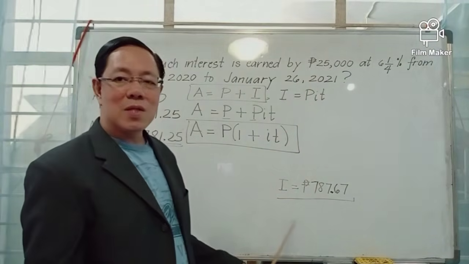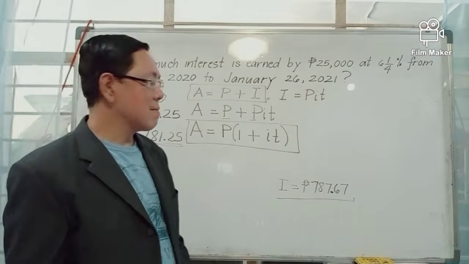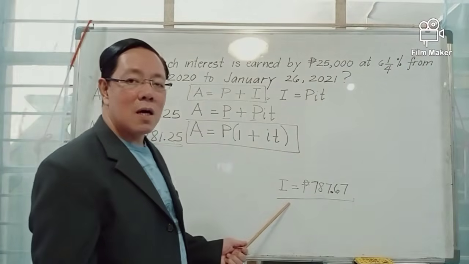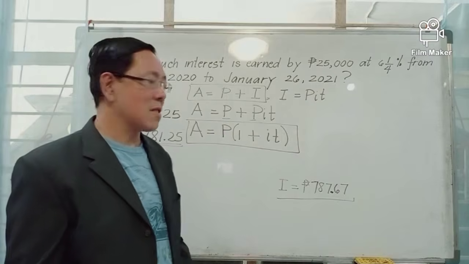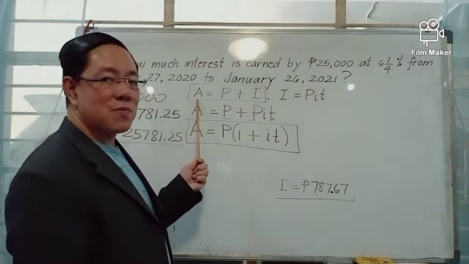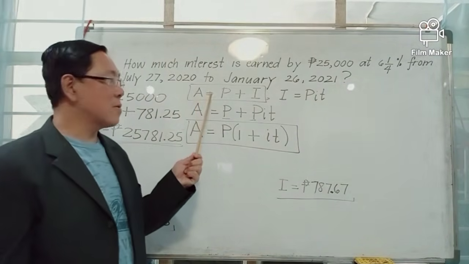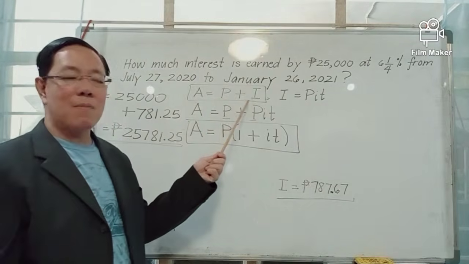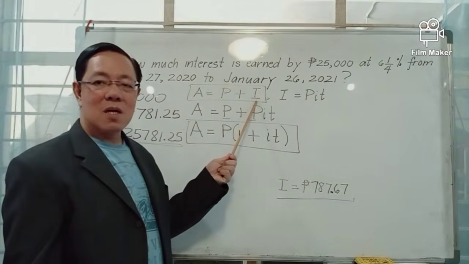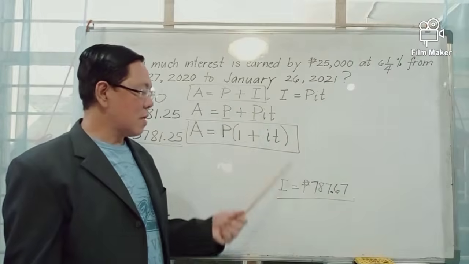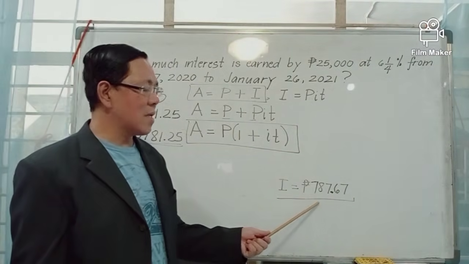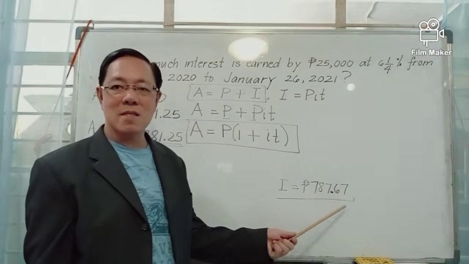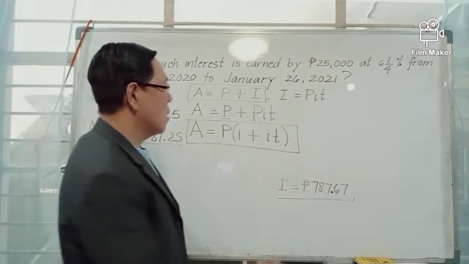We also compute the total amount to be paid using the amount of interest computed using the exact time. We also use this formula, accumulated value equals principal plus the amount of interest, because we already know the amount of interest using exact time, it's 787.67 pesos.